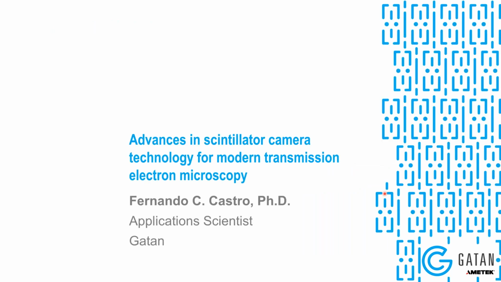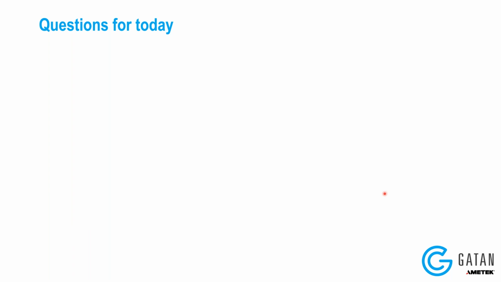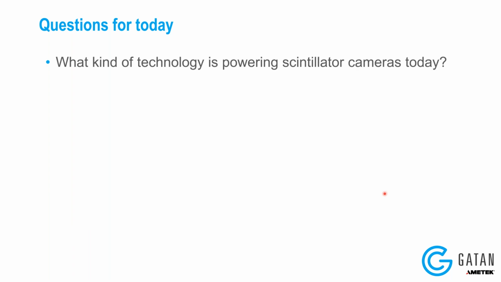This morning, I'm going to talk about advances in scintillator camera technology for modern transmission electron microscopy. What that really means is that in today's presentation, I'm going to try to address a couple of questions about scintillator cameras and how we can use them for all sorts of different kinds of microscopy applications and techniques that people want to do today. The first thing I'll talk about is what kind of technology is actually powering scintillator cameras today, specifically the sensor technology that we're using.